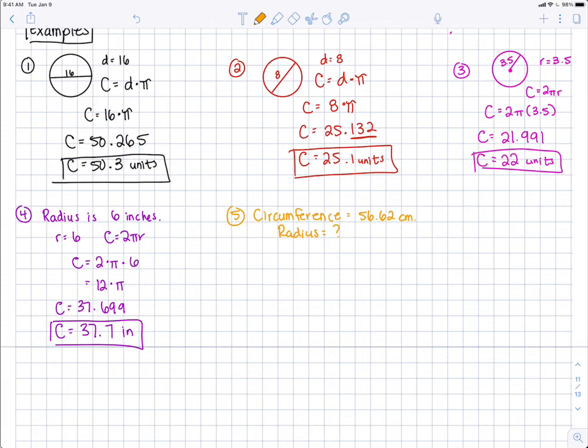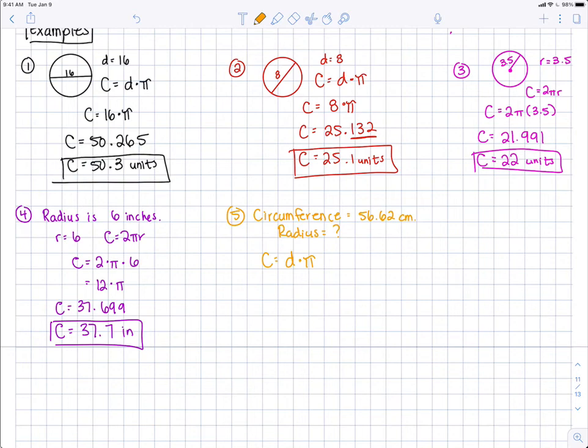Okay. My advice is to use this formula, C equals the diameter times pi, as a reference. Okay. We can use our fact families to help us solve for the diameter, right? Because if we find the diameter, we can definitely find the radius.